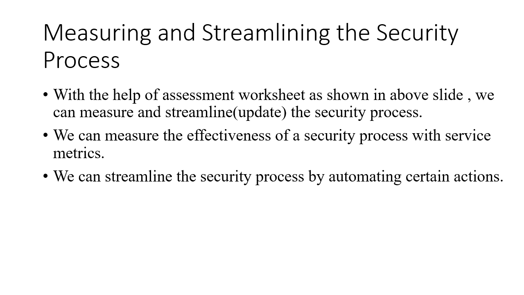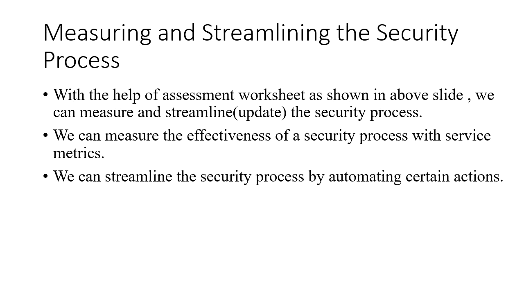What happens in this is how you do the measurement, how you do the assessment of a process. For example, you can measure the security process, you can update it as well, it is in your hands. Later on, you can check what the effectiveness of a security process is, how the metrics work on it, and whether there are any security violations.